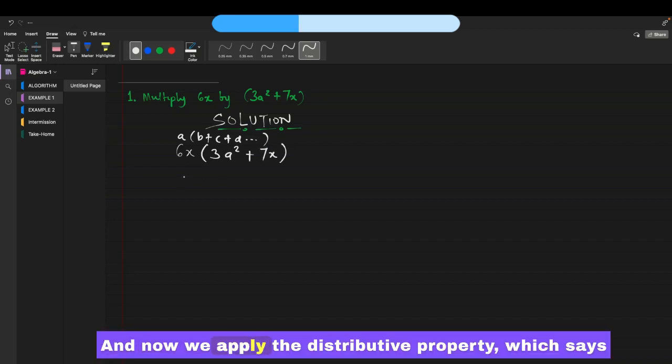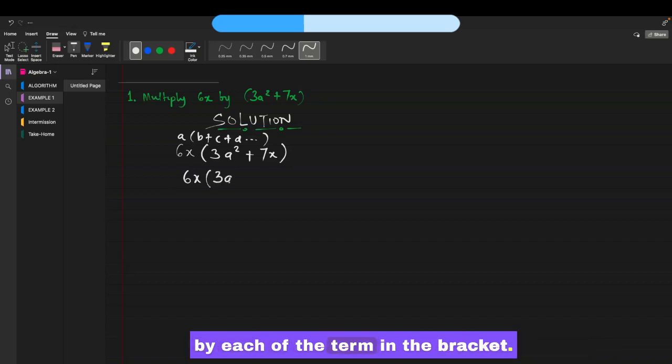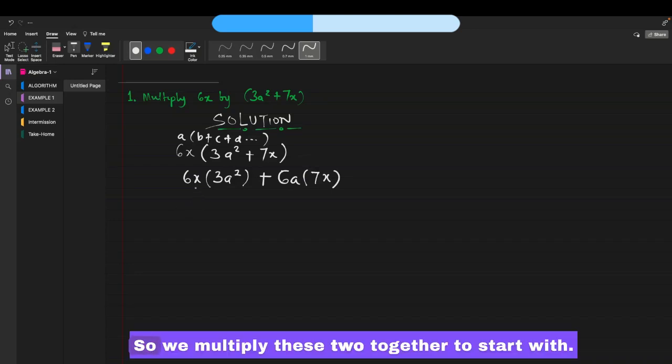And now we apply the distributive property, which says to multiply the first term outside of the bracket by each of the terms in the bracket. So that would be 6x times 3a squared plus 6x times 7ax. So we multiply these two together to start with.